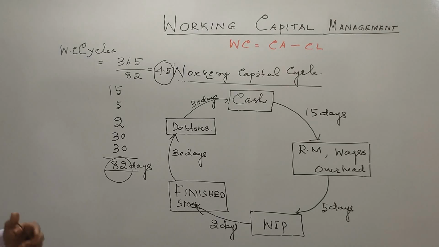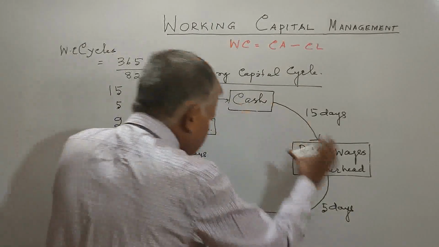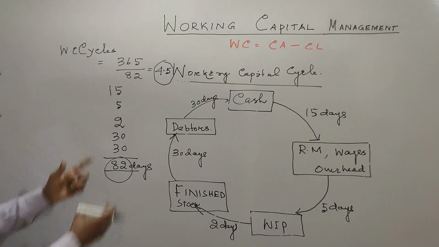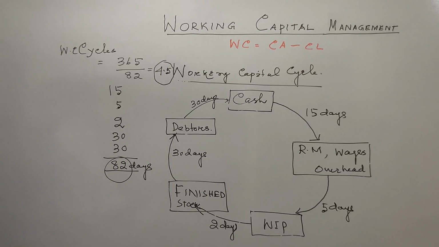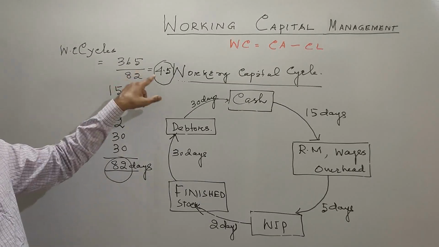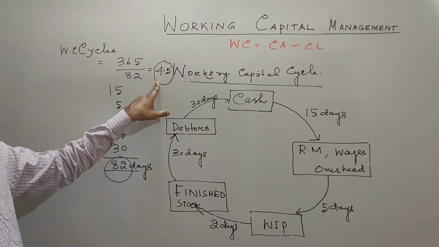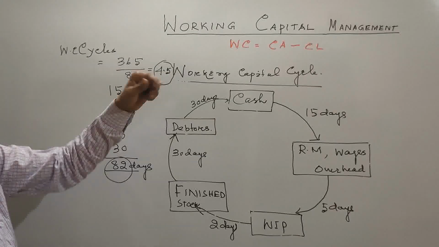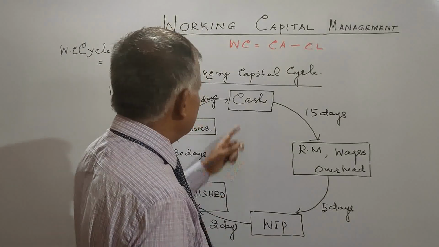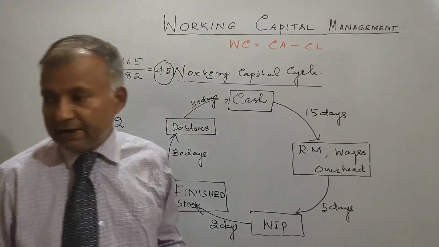The management always tries to shorten this period. This is 82 days. An efficient management can make it 60 days, so that if you divide by 60 days, there will be 6 cycles in a year, and it is beneficial for the business. So this is called working capital cycle, and the business always requires capital to maintain all these activities.